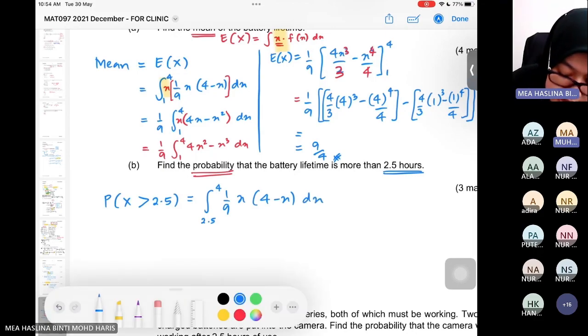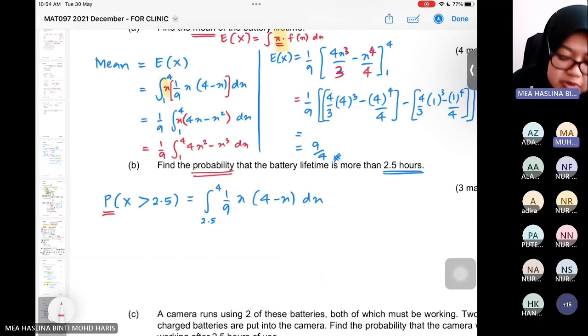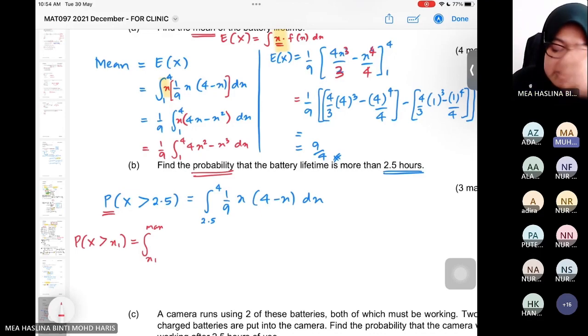Okay, because this time you are calculating for probability. So the formula for probability of x more than x1, for example, will be integration of x1 to the max of x, f of x dx.